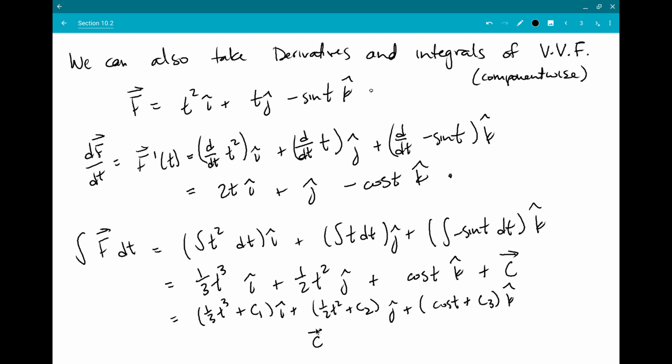And then that c vector altogether just has your first constant, your second constant, and your third constant. You can represent this either way you want. There are some unknowns that when you take an indefinite integral, that is without bounds, they come out of your integration problem.